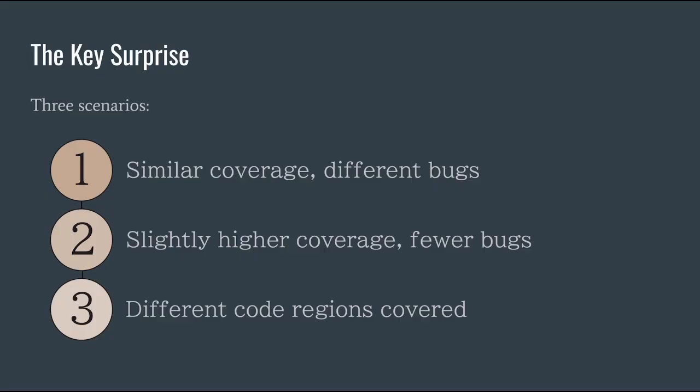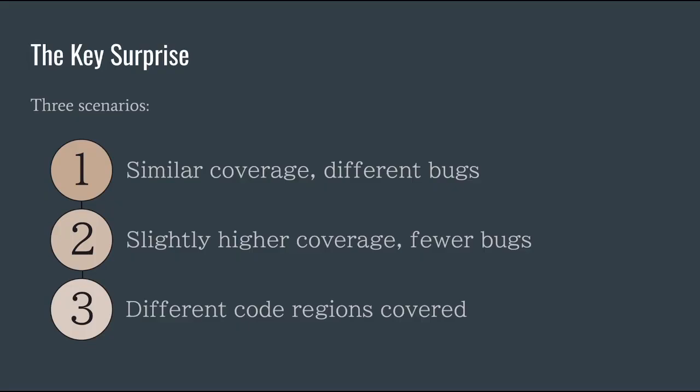And scenario 3 is where coverage happens matters. Coverage is not uniform, and one fuzzer might cover more total code, but spend that coverage on areas with fewer or harder-to-trigger bugs. Another could cover slightly less code, but spend it in riskier or more bug-dense code and produce more unique bugs.